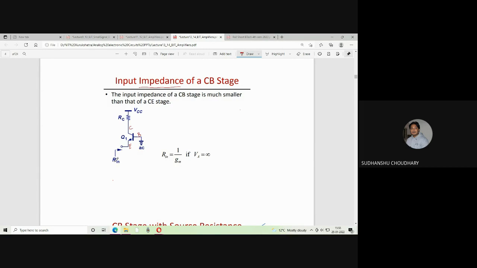So we need to look into the emitter to find the input impedance. We have already found earlier for the common emitter amplifier that the impedance looking into the emitter side is equal to 1 by Gm when VA is infinite.